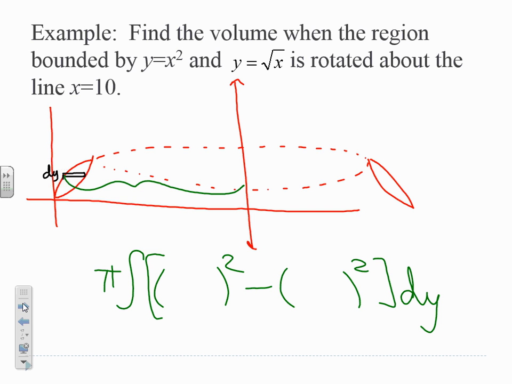So what's the very most right? 10. 10 minus y squared, right? Yes.